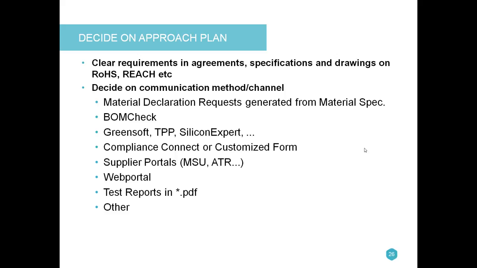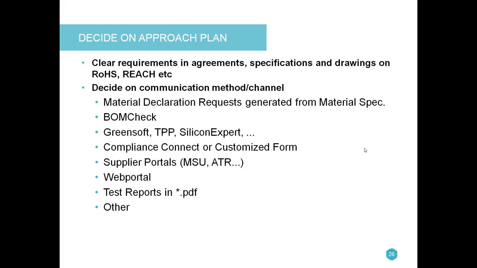The different solutions that you might look into, for instance, BOMcheck, GreenSoft, Total Parts Plus, SiliconExpert, usually have a fee, so try to evaluate where to find most of the information needed in your product BOMs. And if you don't have standard parts that you can easily find, you need a Compliance Connect that is associated with the Materials Compliance Central, or some customized form to find the information.